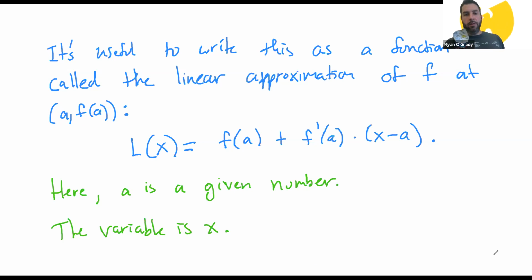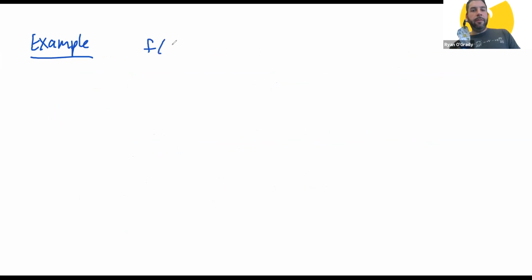Well, let's look at this. Why is it called that? Let's look at an example, and we'll see sort of what's happening here. Example. Let's say f of x equals e to the x. f prime of x equals e to the x.